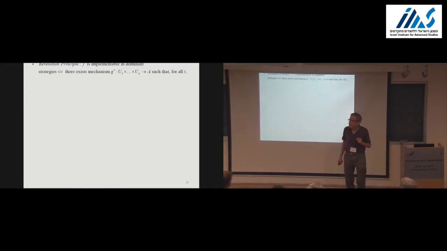This is a good time for me to mention the revelation principle. The revelation principle, a very simple idea, means that when we're looking for mechanisms to implement a social choice rule in dominant strategies, we can look at a very simple kind of mechanism in which players are basically just announcing their utility functions.